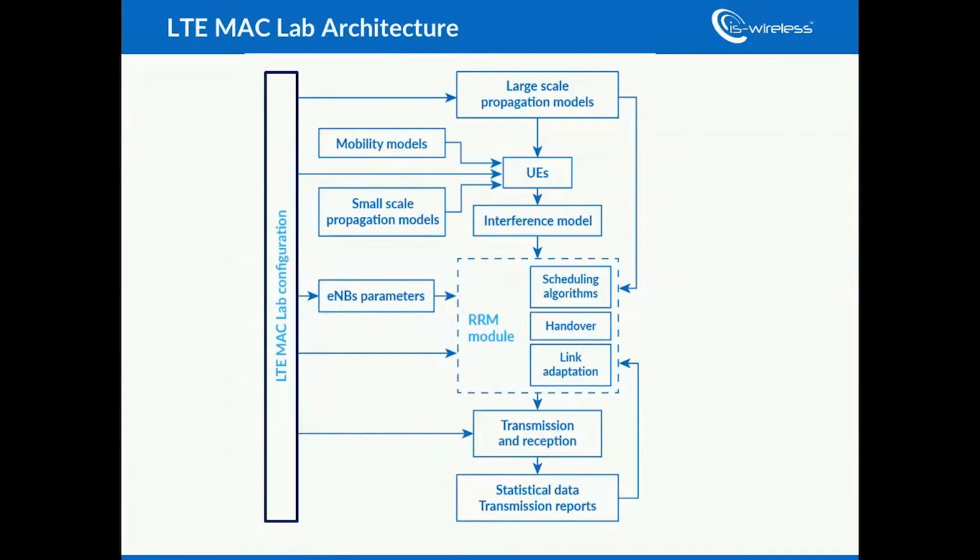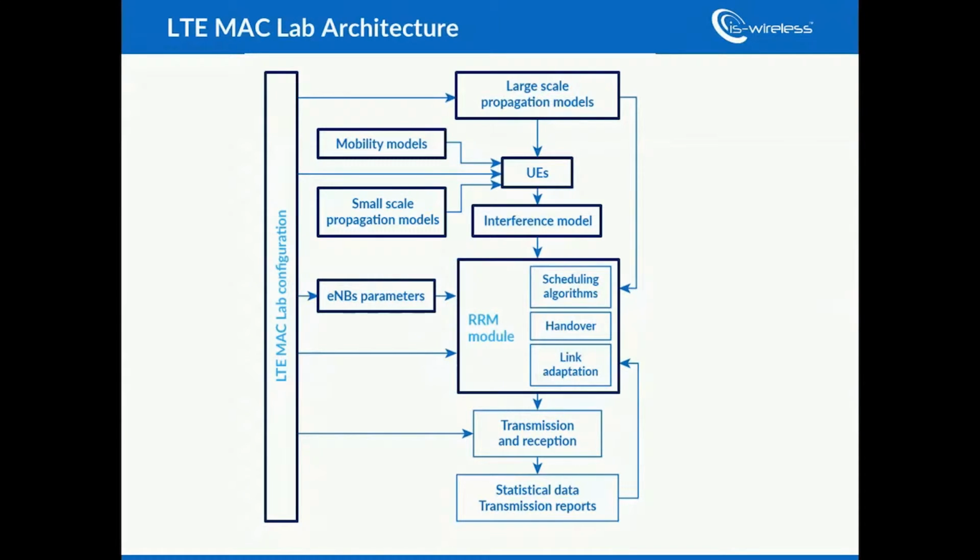Using configuration, we define network and set its parameters, which is later taken into account by next modules, including large-scale propagation models, which reflect propagation of the radio signal, mobility models, which are responsible for updating positions of the terminals, UEs, which keep context of the terminals, small-scale propagation models, which reflect channel fading, interference model, which maps current radio conditions to SINR values, eNodeBs parameters, which store current state of all the base stations, radio resource management module, which is the heart of LTE MAC Lab, responsible for such functionalities like scheduling, handovers, and link adaptation.